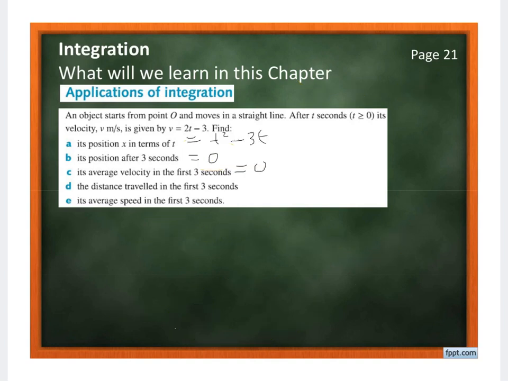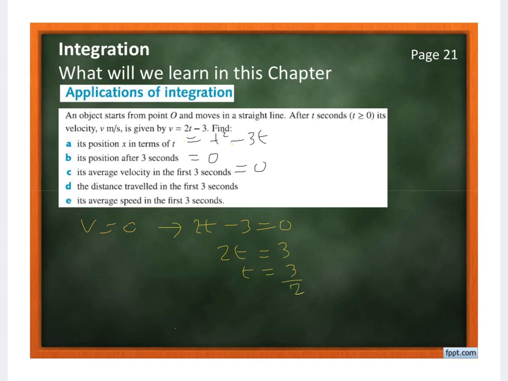D, find the distance traveled in the first 3 seconds. When v equals 0, so 2t minus 3 equals 0, 2t equals 3, t equals 3 over 2.